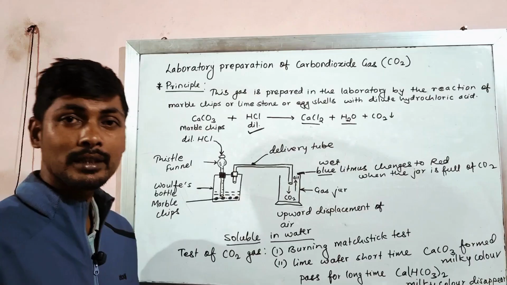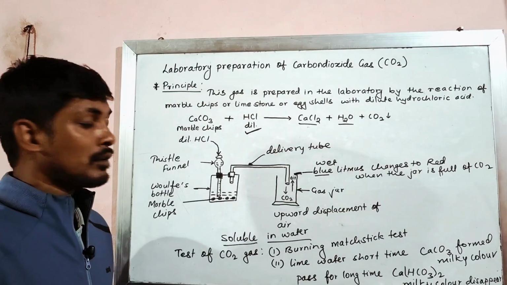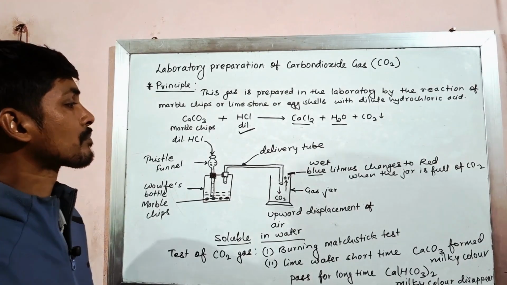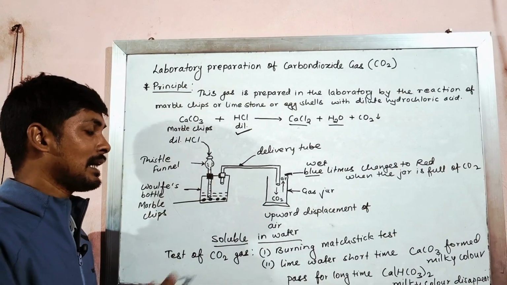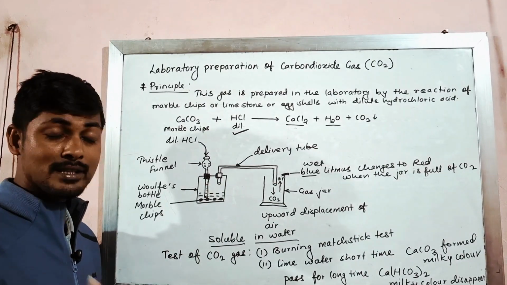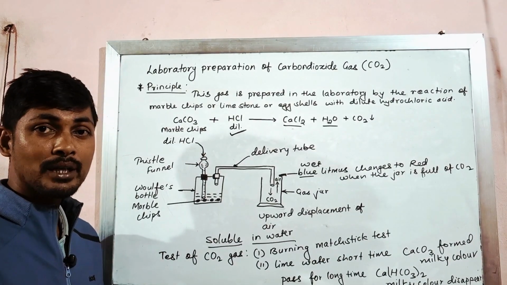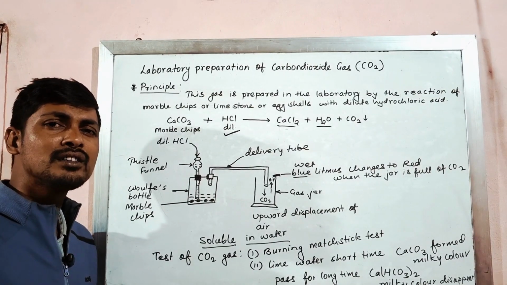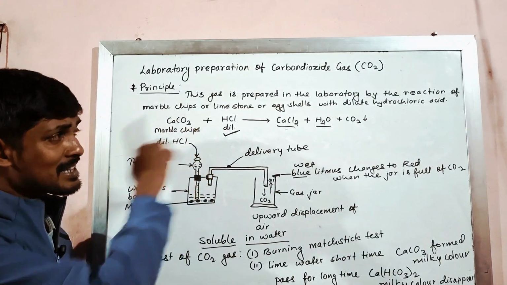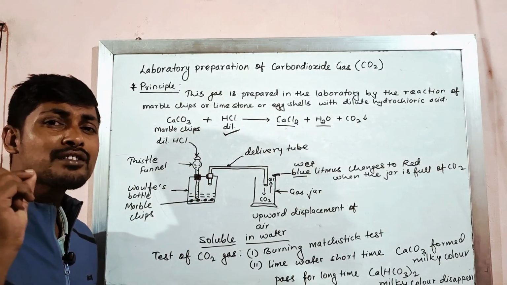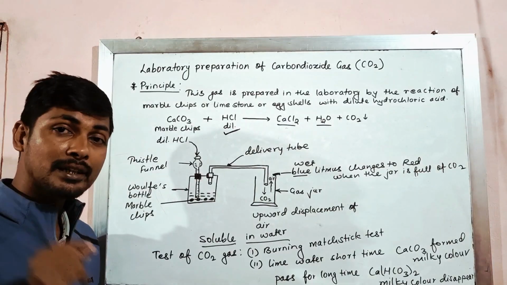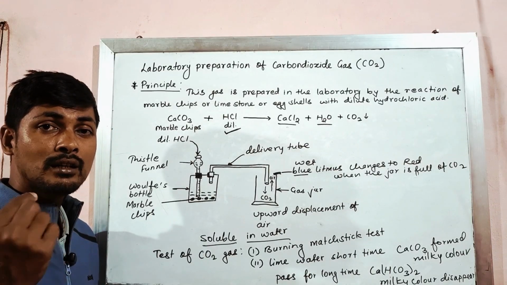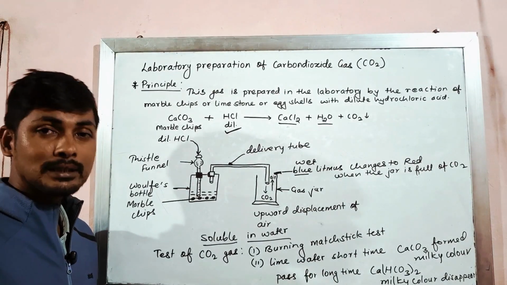Now, after testing carbon dioxide gas, we have to know some of its physical and chemical properties. As we don't see it, it is a colorless gas. It does not have any smell, so it is an odorless gas. And this gas is slightly sour in taste. Since it is an acidic gas, it gives a faint sour taste, because when it comes in contact with water, it forms carbonic acid, which is faintly sour.